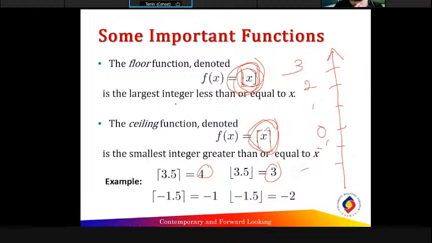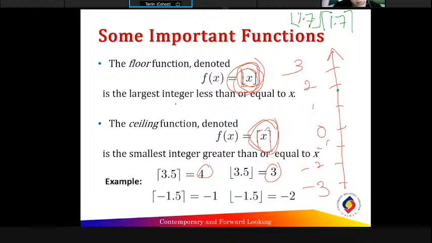For the floor function, for any value that you pick, let's say now I want to look at the floor of 1.7, and then we have the ceiling of 1.7. So 1.7 is somewhere here.